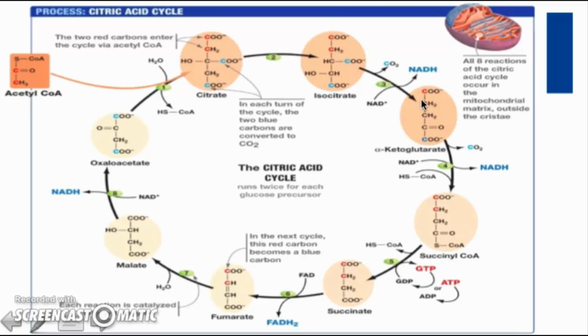This next step also loses a carbon as CO2 and also forms NADH. And this is the step of alpha-ketoglutarate being converted to succinyl-CoA. Interestingly, this reaction of alpha-ketoglutarate to succinyl-CoA is called the alpha-ketoglutarate dehydrogenase complex, and it has many similarities with the pyruvate dehydrogenase complex.